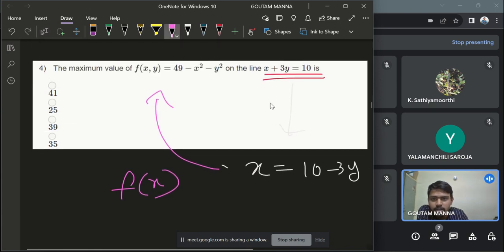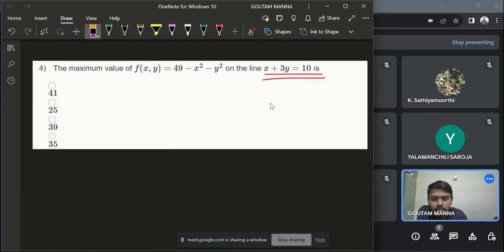But since we have been introduced to the Lagrange method, we will solve it with the Lagrange method. So the method is basically, at this maximum under this constraint, it will satisfy these equations.